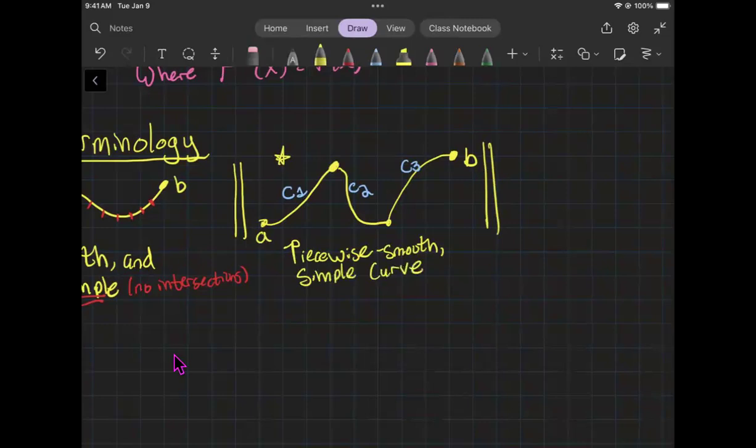Piecewise means you can break down this whole curve into separate curves. In this case, we can break it down into 3 separate curves.